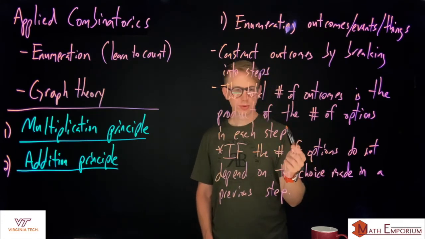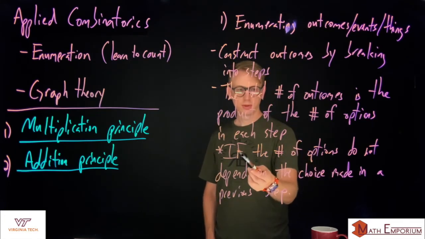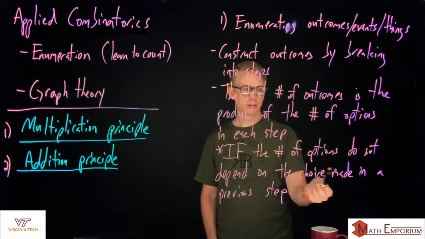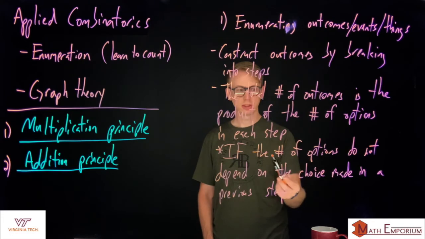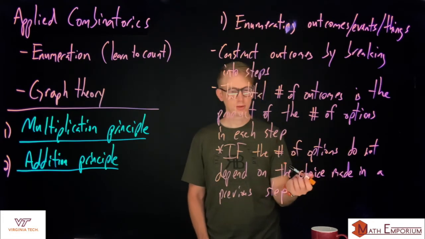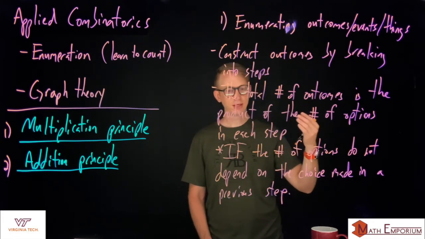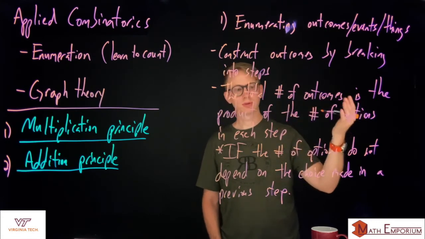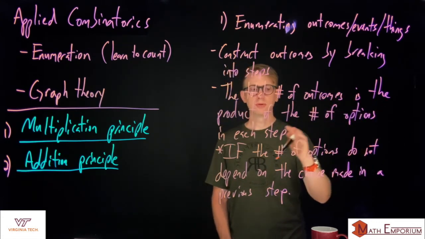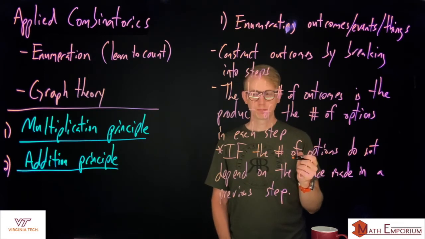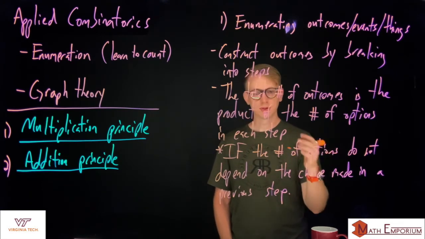So some critical verbiage here is if the number of options do not depend on the choice made in the previous step. It is not saying the options do not depend on the choice made in the previous step. Believe it or not, the choices made in a previous step might actually affect the collection of options left to you in subsequent steps. It's the number of options that is really important. Okay, so not the actual options, but the number of options.